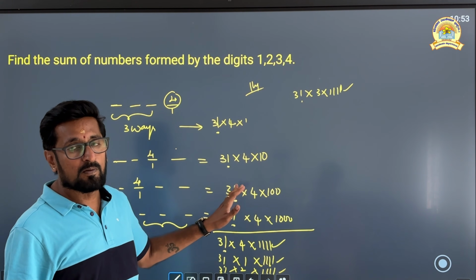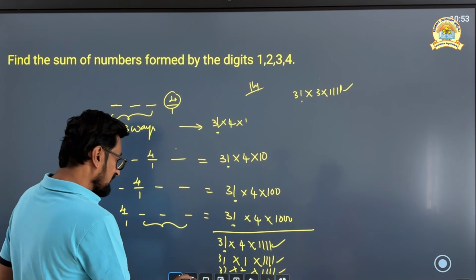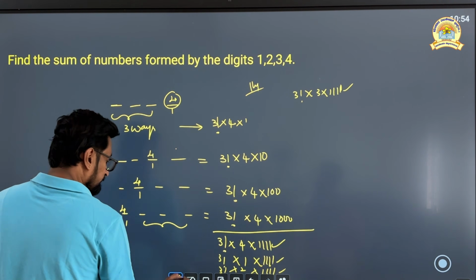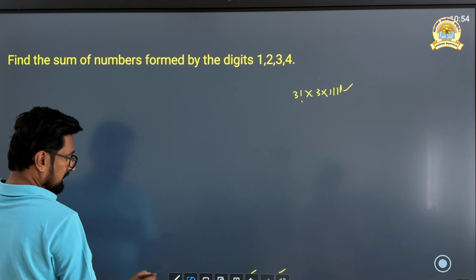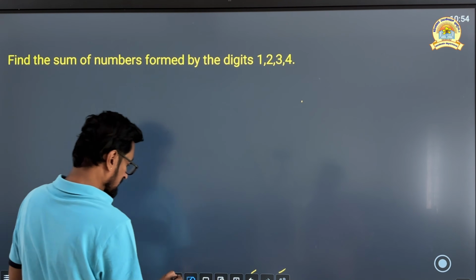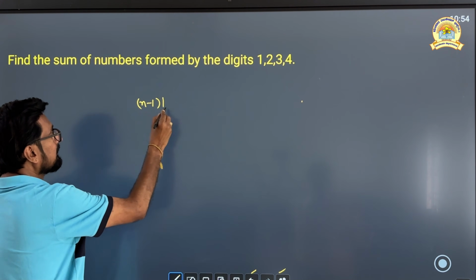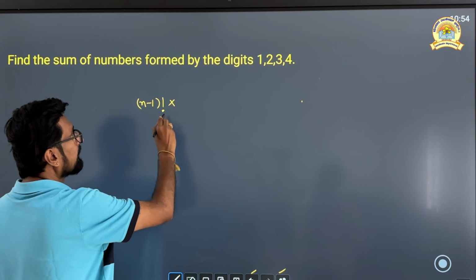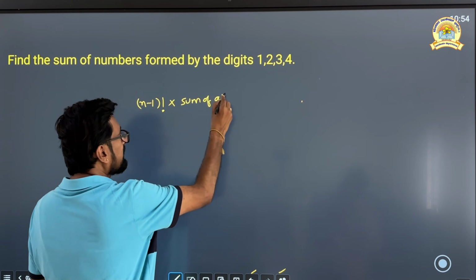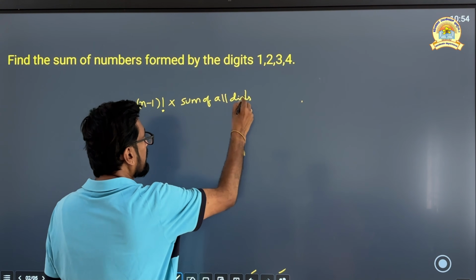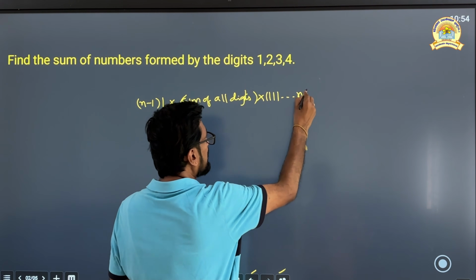You can do this problem by using only one shortcut: n minus 1 factorial into the sum of all digits into 1, 1, 1, 1, so on n times.